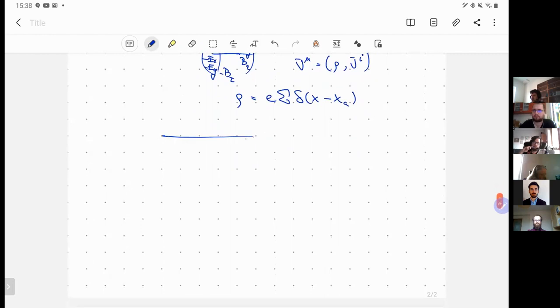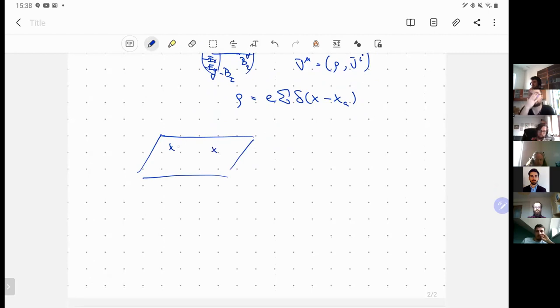So this is usually represented by saying that I have my electrons here, or some charged particles, and what happens is that I get this flux, I get this attached B field here for each of these particles, and the strength somehow. So this is called flux attachment.